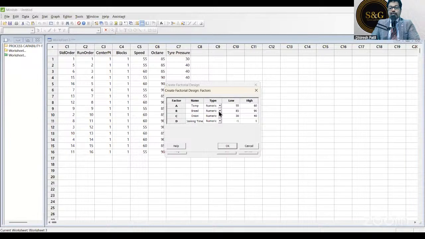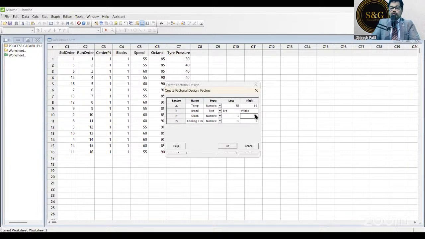So only brand of bread is text, rest all of them are numeric. Okay. So it is Britannia. I'm just writing in short. And you have Wibs. Correct? Then temperature, whatever is the number, lower and higher. Onion, let's say 1.